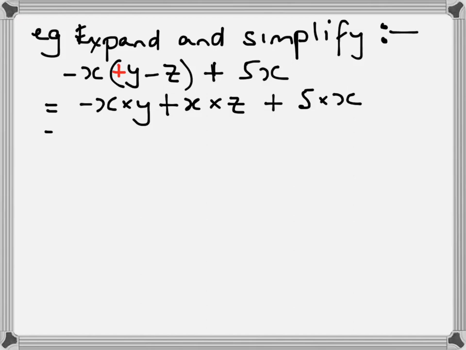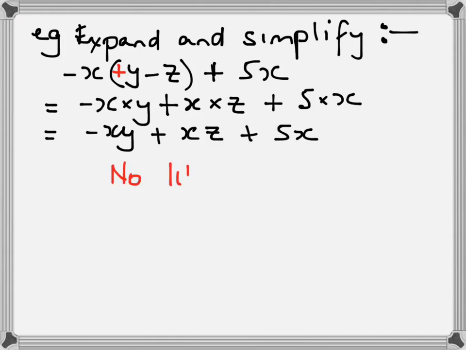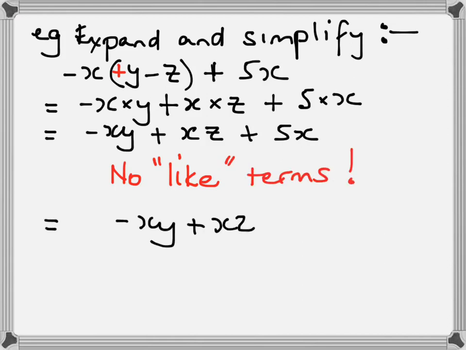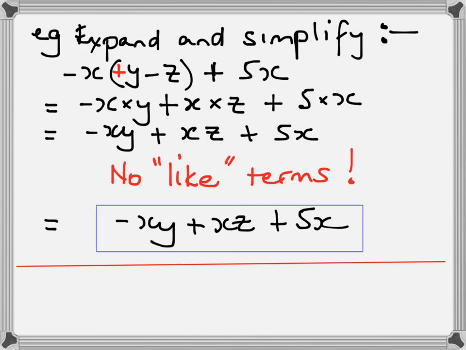Well, I'm going to get rid of those multiply signs. Do you know, I don't think there are any like terms there, are there? No, there aren't. So I think that's about as far as we can go. That's right, little helper. Lovely. Beautiful.